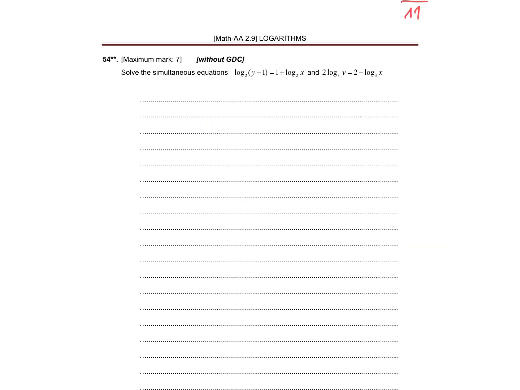Okay, so we've got log base 2 of y minus 1. 1 as log base 2 is log base 2 of 2. And since we're adding here, we're just going to write 2x. So we've got y minus 1 equals 2x, so y equals 2x plus 1 for that one.